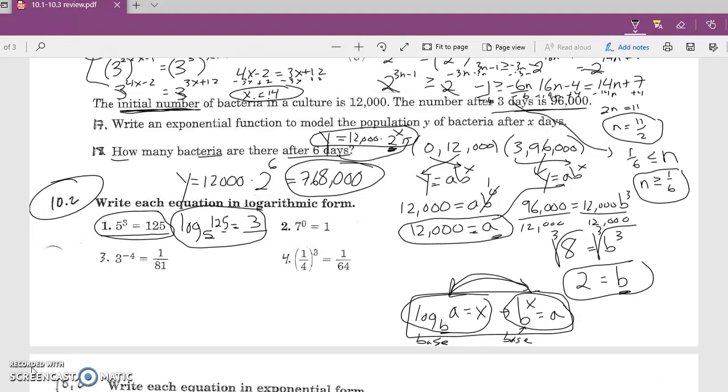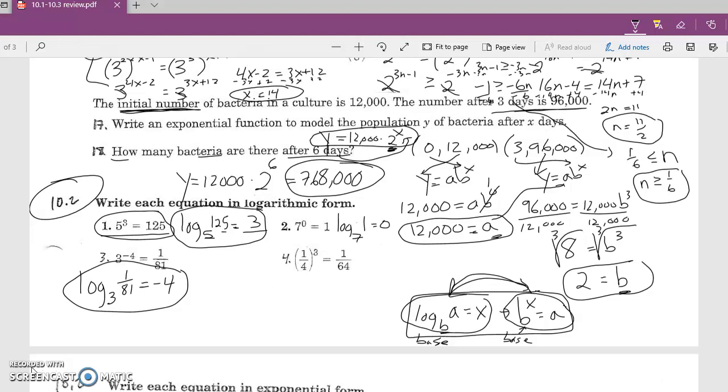Now let's go to number 3. Again, I would go log, my base is 3, and the other two dudes switch sides. So you would end up with that. Number 2, the log, the base is 7, so I put a 7, and then the 1 and the 0.